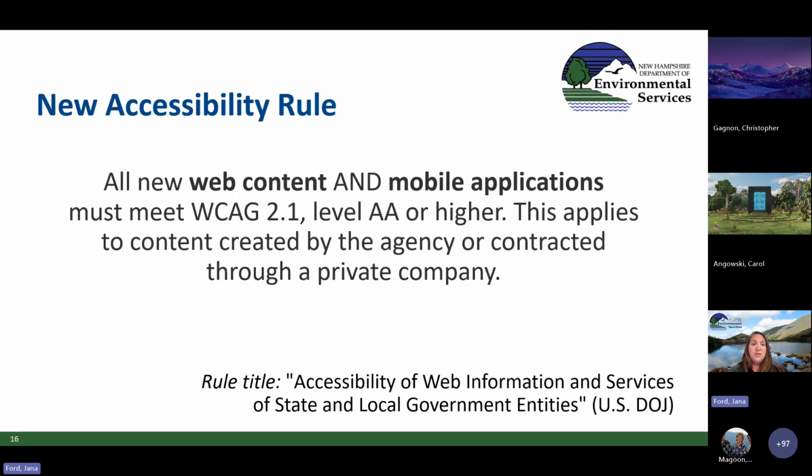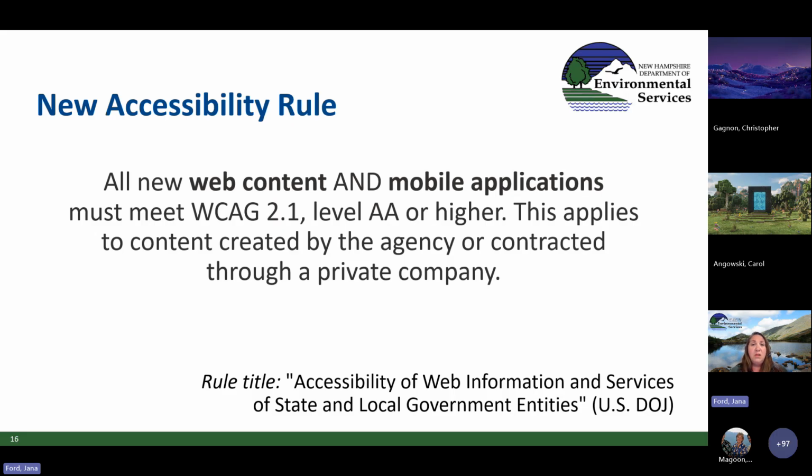So these laws and the state policy have been established for decades. What's new, and what was the impetus for these trainings, is a rule that was published in the Federal Register in April 2024. It's an update to the ADA Title II that aims to bridge the digital accessibility gap as more and more government agencies are putting their services on digital platforms in the decades since these laws were enacted.